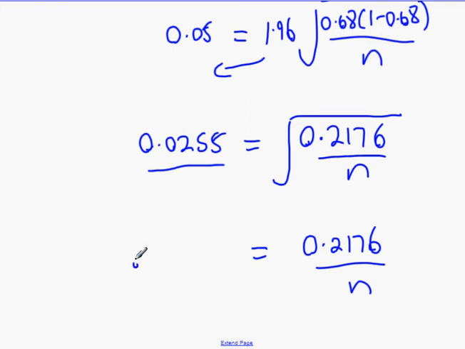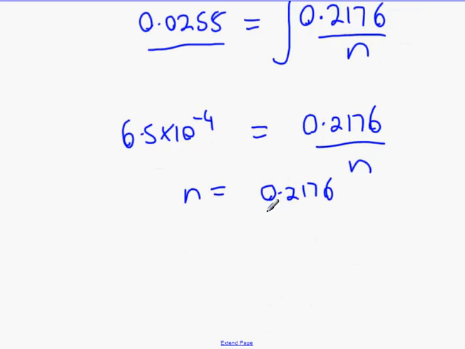So 6.25 by 10 to the minus 4. We can keep it in scientific notation, it's no big deal. Cross multiply: 0.2176 divided by 6.25 by 10 to the minus 4.